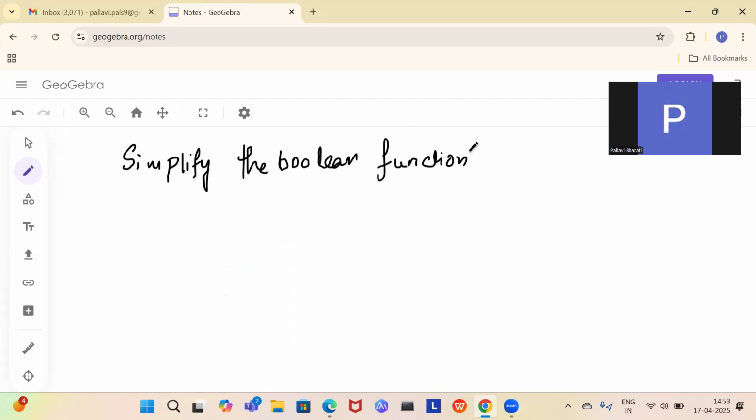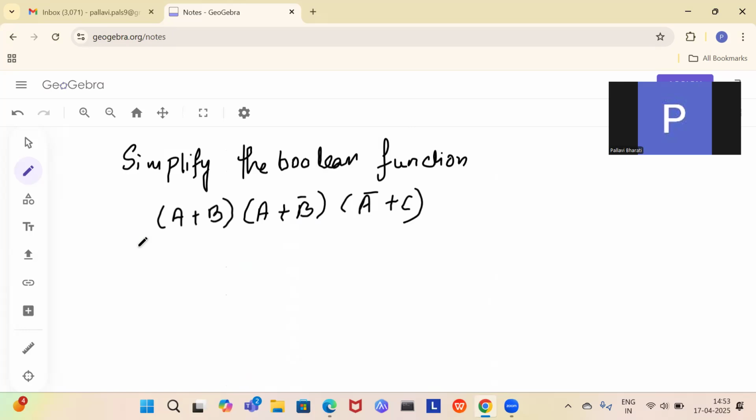The function is given as a plus b into, inside the bracket, a plus b bar, and then a bar plus c. So firstly you are going to multiply it. That is the distributive law we are going to use to simplify. So let's start simplifying this one.